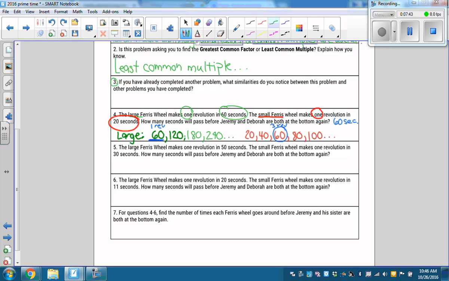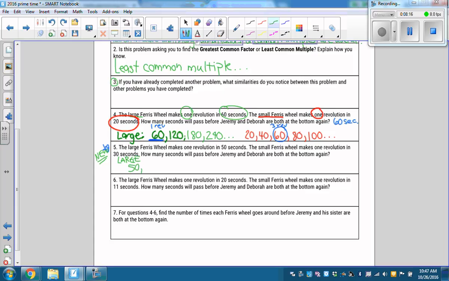The large Ferris wheel, looking at this next part, makes 1 revolution in 50 seconds. So now they're saying, what if it's a different situation, maybe different size Ferris wheel? If the large Ferris wheel takes 50 seconds to go around, so a new situation, the large Ferris wheel will hit the bottom every 50 seconds.